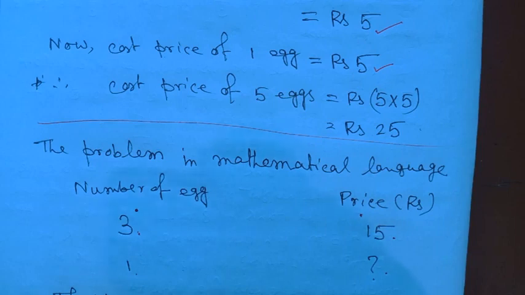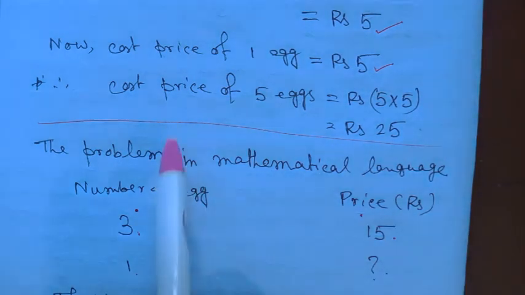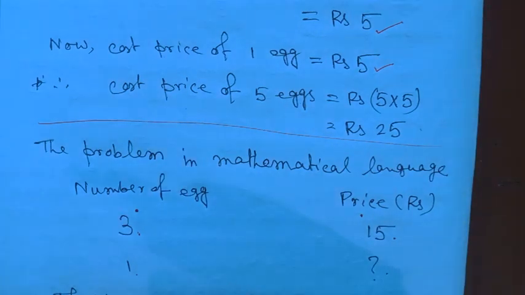If your mother told you to bring 10 eggs, then what will be the amount? Obviously 5 into 10, that is 50. So in our problem, the number of eggs and the cost price of the eggs are in direct proportion.